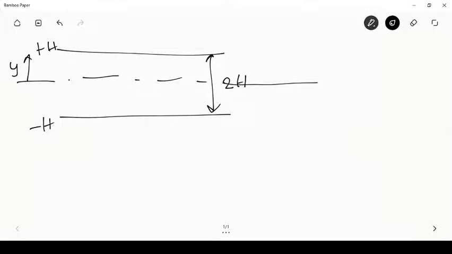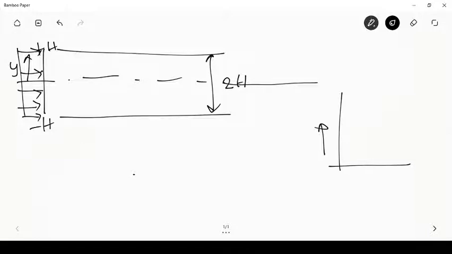And suppose, let's say, the flow enters from this side at a uniform velocity, okay. So there is a uniform velocity profile. So if I draw the velocity profile with respect to y, okay, so suppose this is my y direction and this is my u. It's convenient to plot it this way, okay.